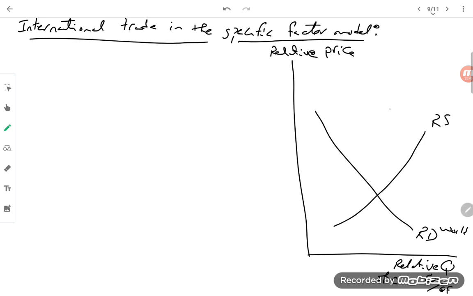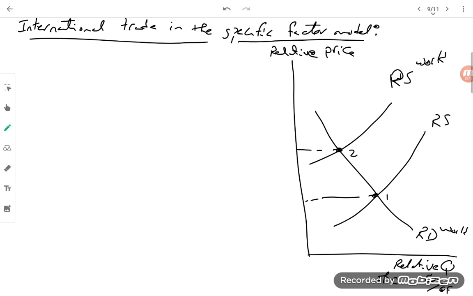And this is the world relative supply. The relative supply curve is related to the country itself, while world relative supply is related to the world.